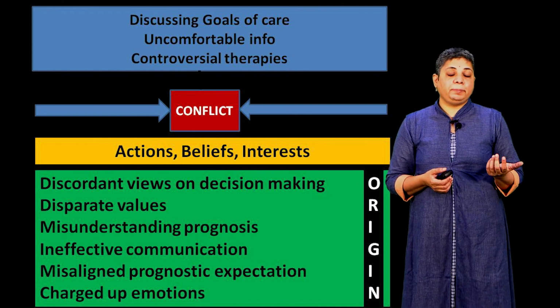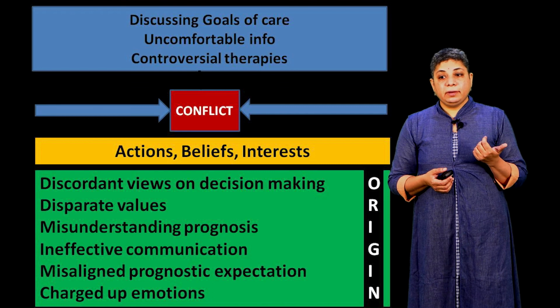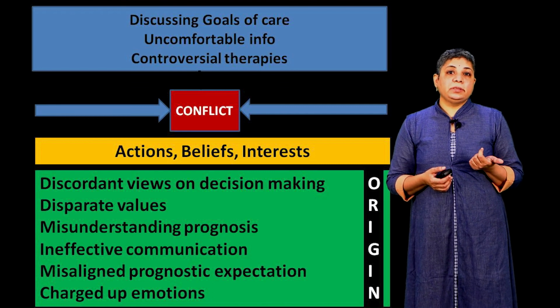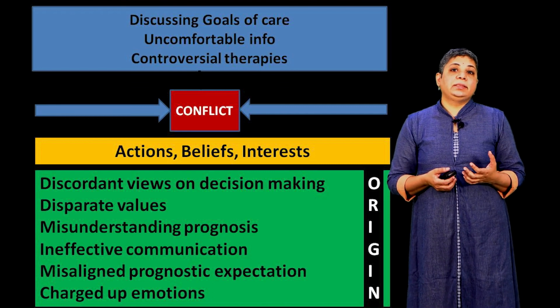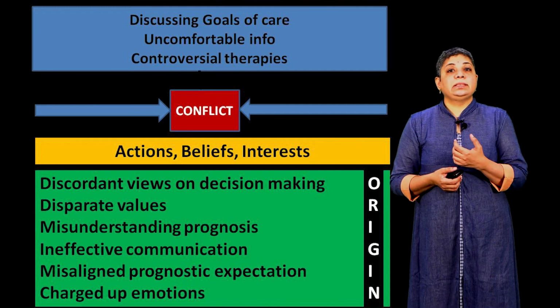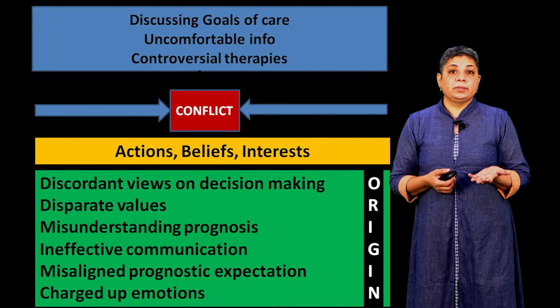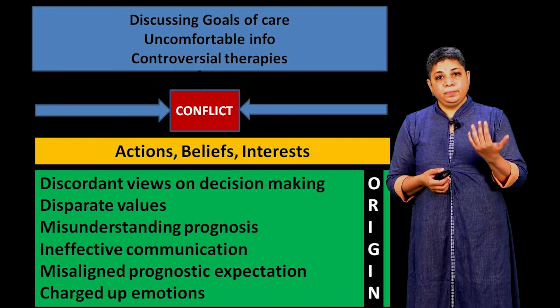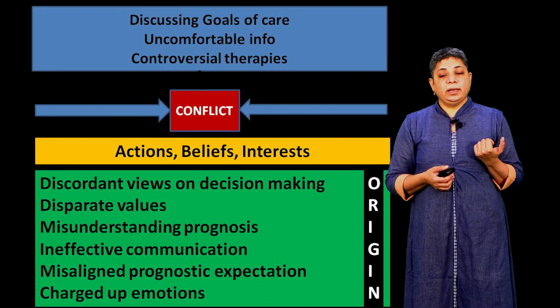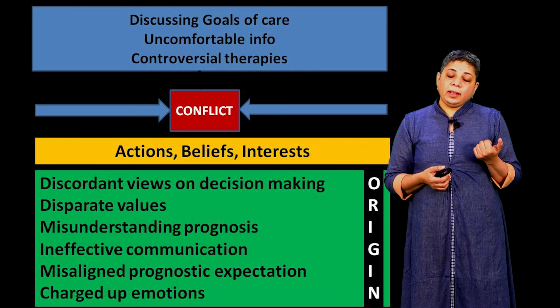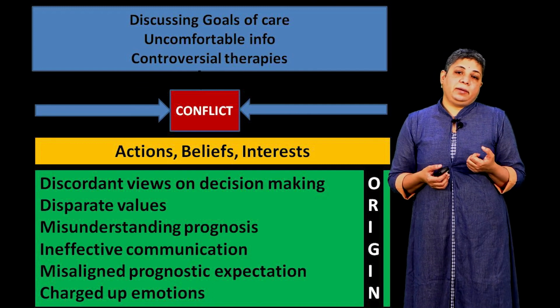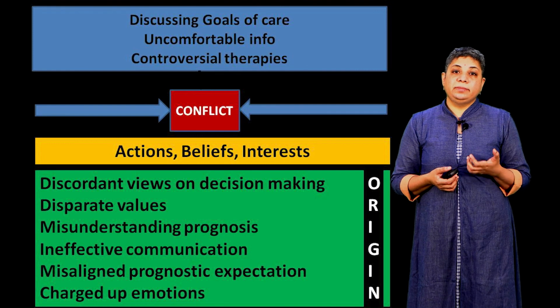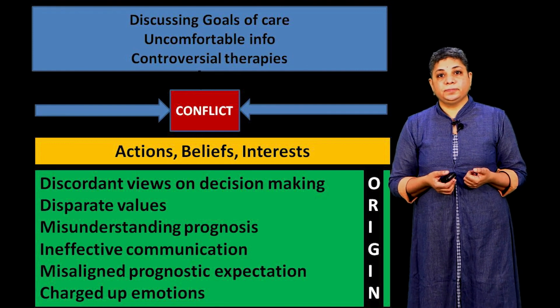It can happen anytime. Then when there is ineffective communication and the prognostic expectation is misaligned, we are not on the same line as far as the prognostic expectation goes. That is the physicians, the treating party, and the patient's attendants or family. And in a charged up emotional environment, which is very, very common in the ICU.